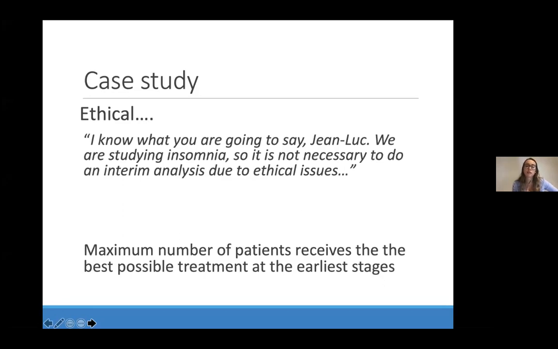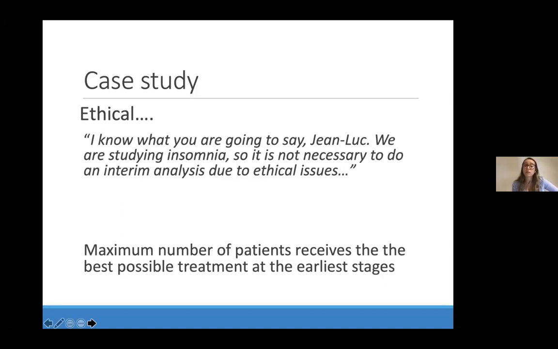They are studying insomnia. So it's better that the maximum number of people receive the best possible treatment at the early stages, right? Yesterday, Professor Fragni discussed some cancer trials with us. This type of interim analysis is common in cancer studies, because we all know that there are new treatments coming all the time.